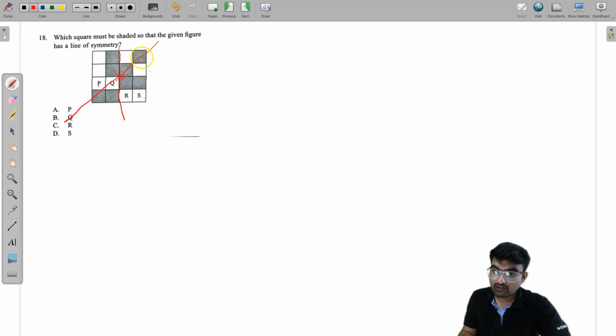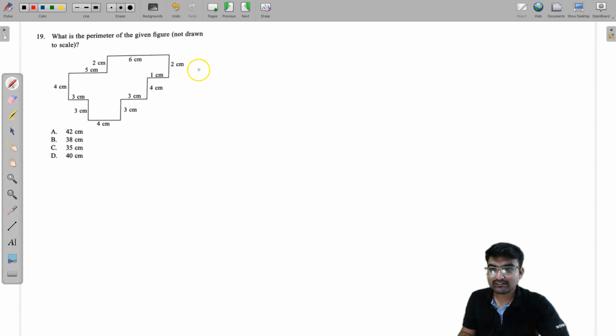Now if I look at this line, both the sides are shaded. Also same for this. Now the only problem is P is not shaded. If P was also shaded, then it would have been the perfect symmetry, right? So the option is P.